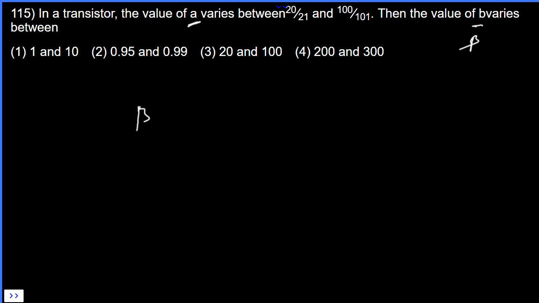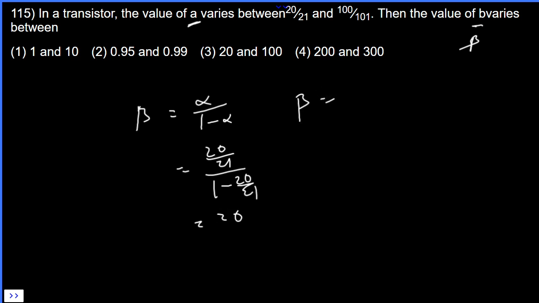So beta is equal to alpha by 1 minus alpha. Alpha by 1 minus alpha means (20 by 21) by (1 minus 20 by 21), which is equal to 20. In the second case, beta is again alpha by 1 minus alpha.